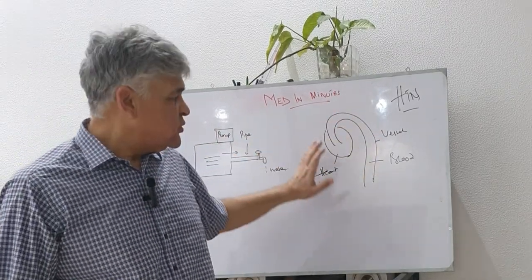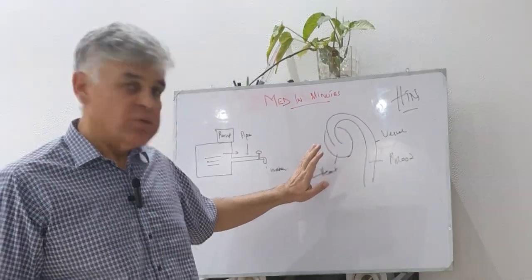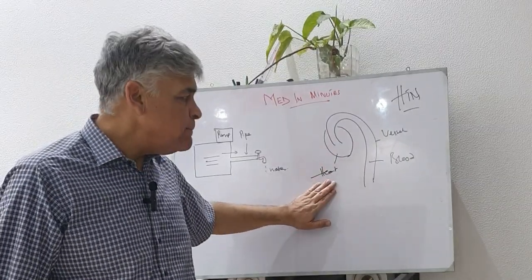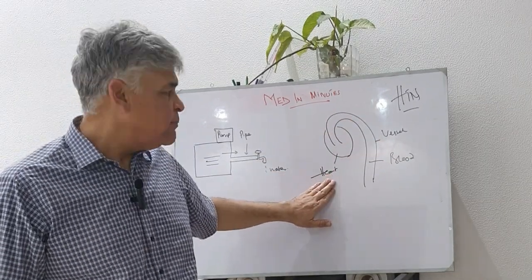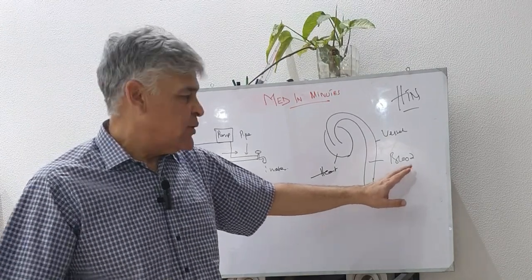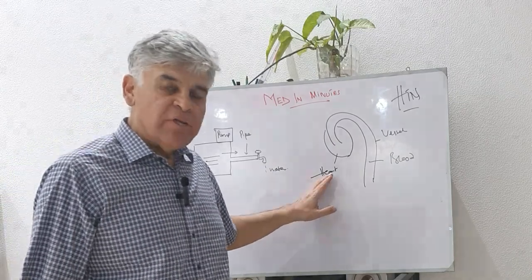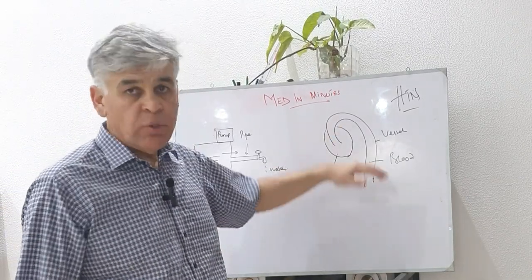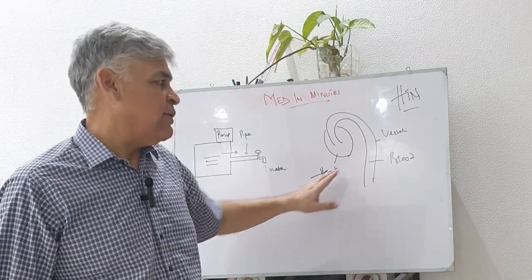In the body, you've got these three structures which are required to maintain a blood pressure: the pump, the pipe, and the water. The pump is the heart, the pipe is the blood vessel, and the water is the blood. If you've got a weak pump, then you won't really get any blood pressure, as you see in cases of heart failure.